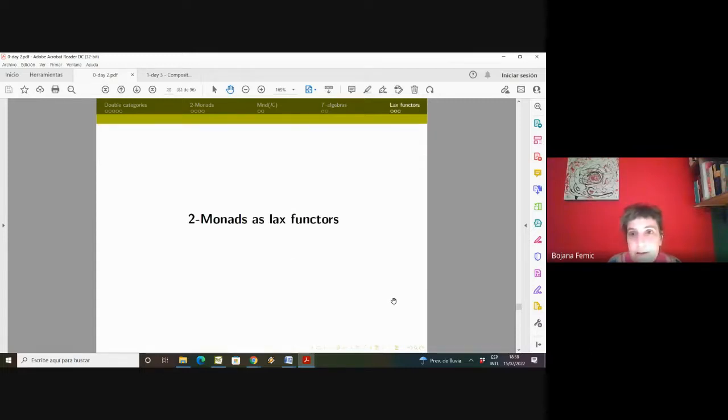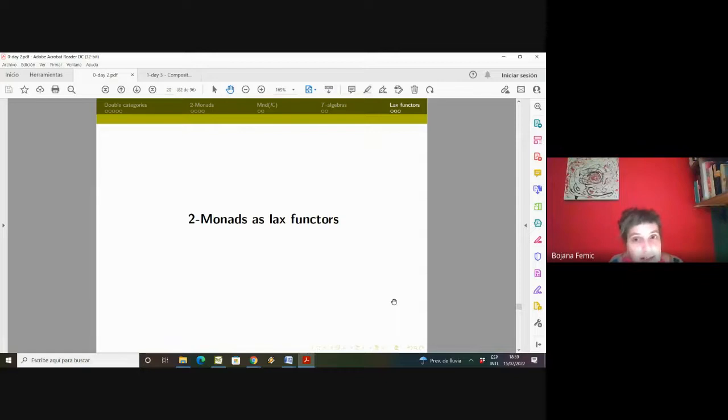And here comes the last topic for today's talk. I'm approaching the end of the time, but we started a few minutes later, so I'm just in time, and it's not 45 minutes, as I said at the beginning. So the last topic here is to show you how two monads can actually be seen as lax functors.